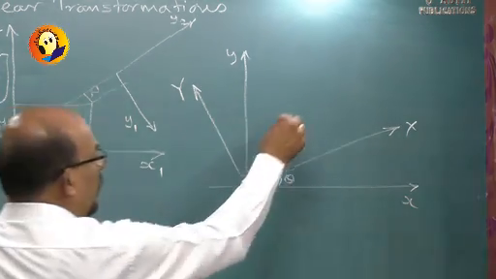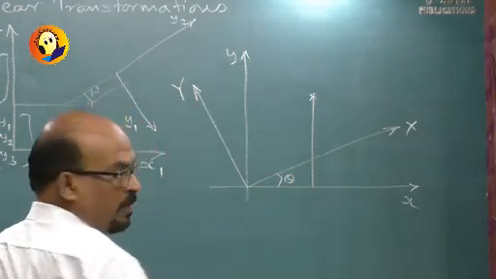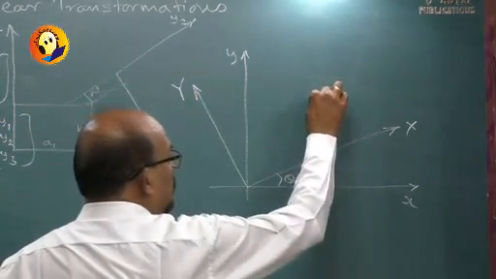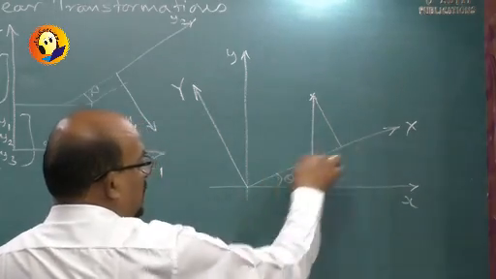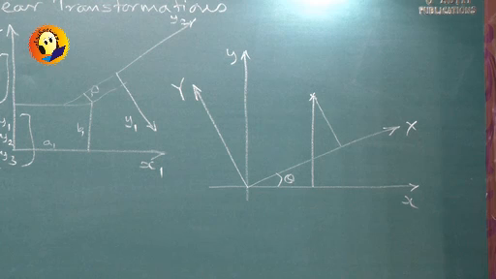Now any point over here in the original system, its coordinates in the new system would be these. Okay, it is as good as rotating the point.